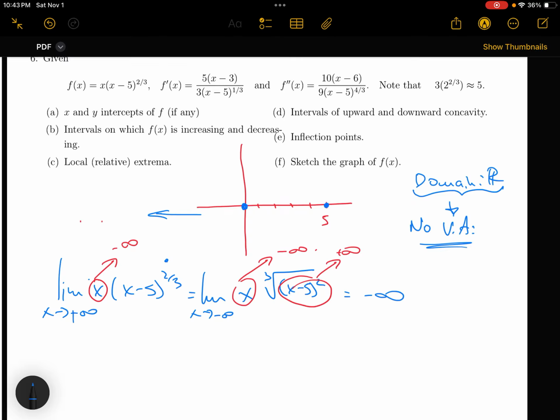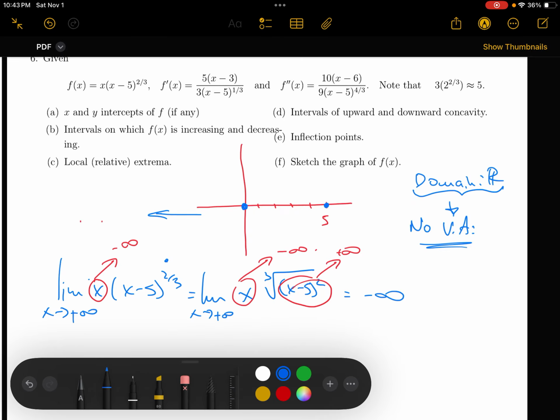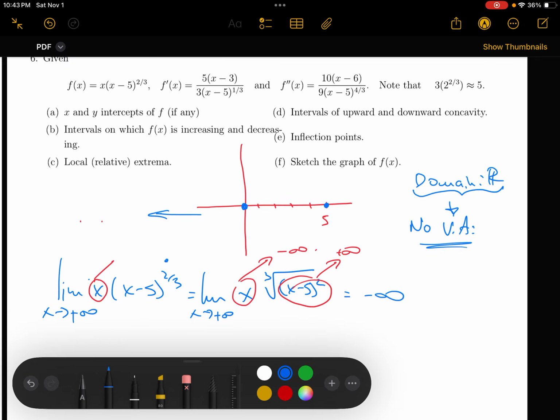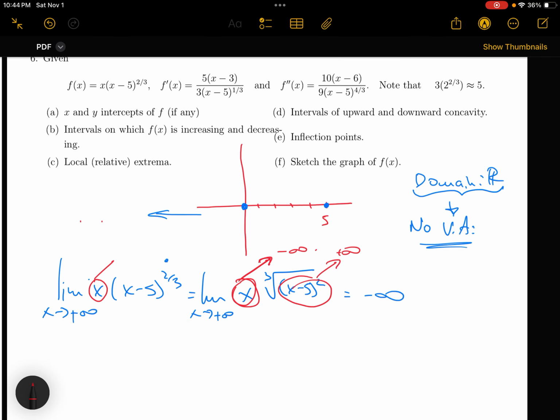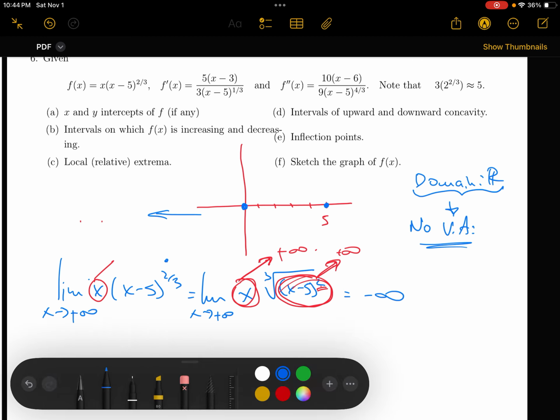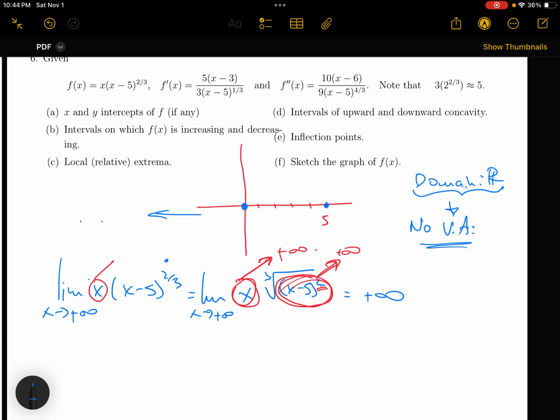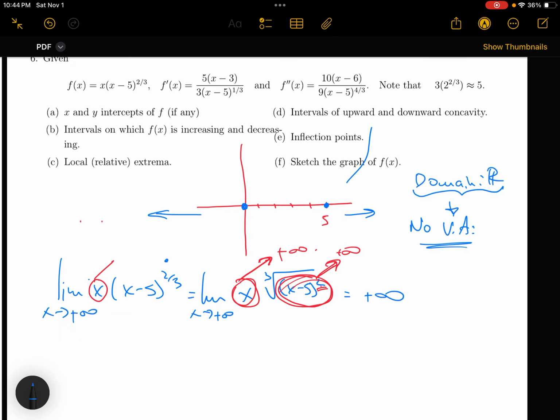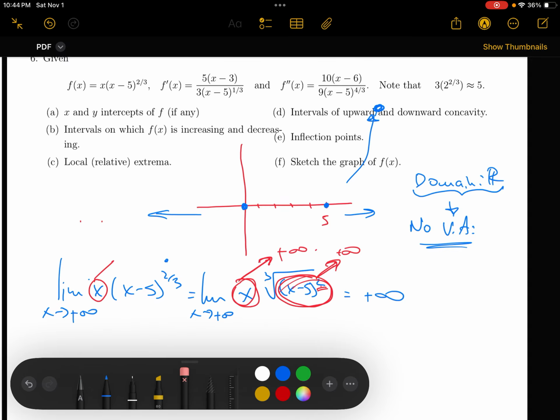Similarly, as x goes to positive infinity, this factor will go to positive infinity. This also always goes to positive infinity because of the square here. So the answer is positive infinity, which means that when we're going to end sketching the graph as x goes to positive infinity, the function will blow up to positive infinity right here.